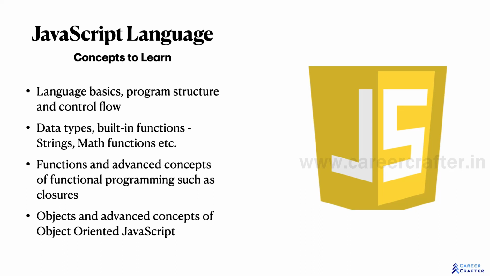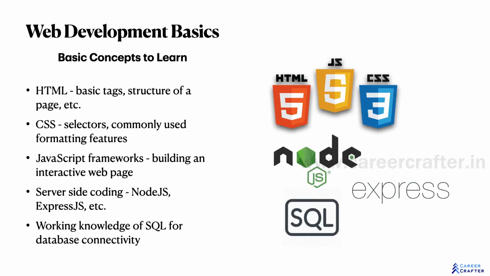Once we develop a good understanding of JavaScript, the more important thing to do is understand HTML, CSS, and some of the other technologies on the server side. So here is a basic assortment of web development technologies. We need to start with HTML and CSS to be able to build beautiful web pages.